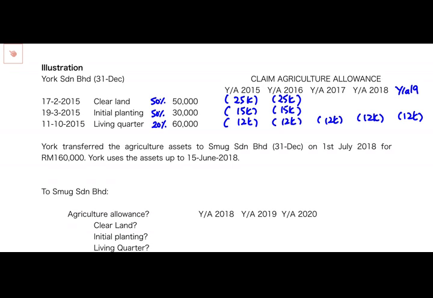And York uses the assets up to 15 June. So this information is vital, right? It tells us that within 1 month before the transfer, the asset is still in use.